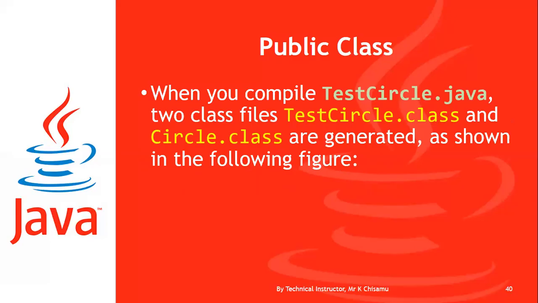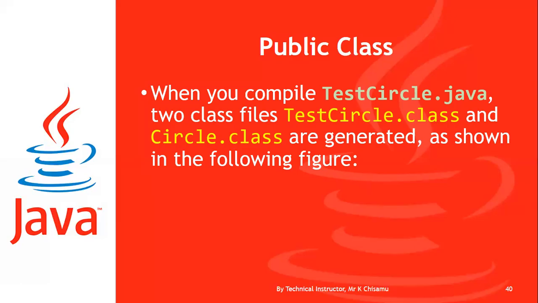When you compile TestCircle.java, two class files will be produced. One for the TestCircle class, so you see a file that says TestCircle.class, and then another one for the Circle class. So the Circle class will also produce a .class file. If you have three classes in one file, all of them will be compiled and will produce .class files.